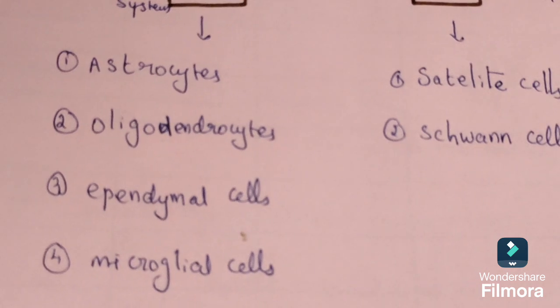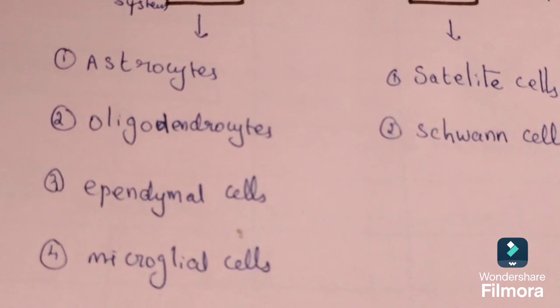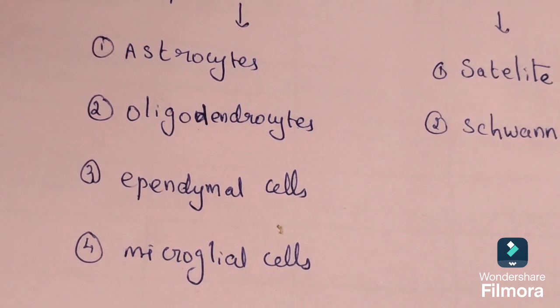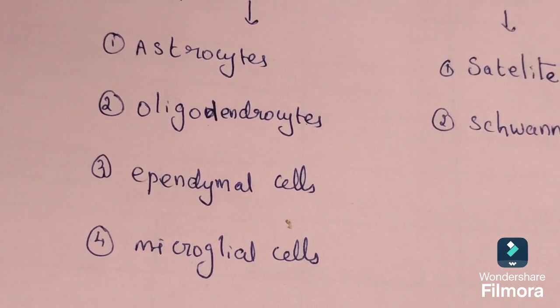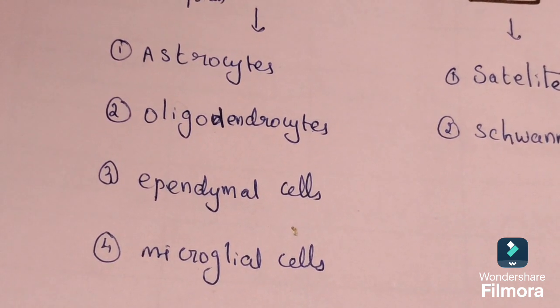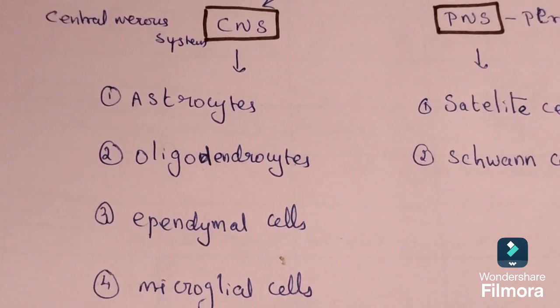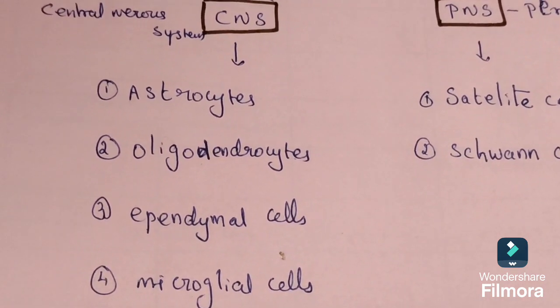One is astrocytes, second is oligodendrocytes, then ependymal cells, then microglial cells. So what are the four cells present in our central nervous system?